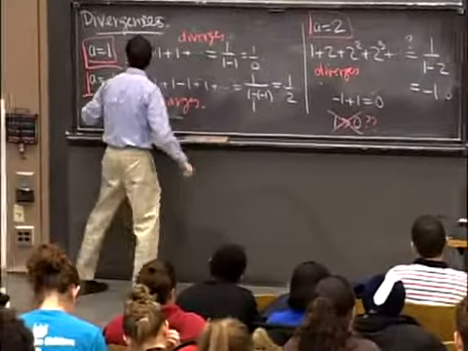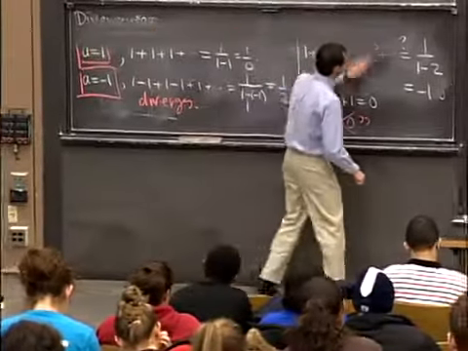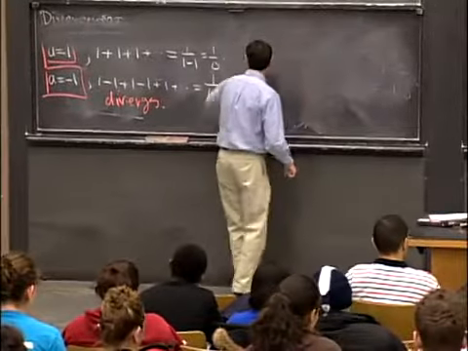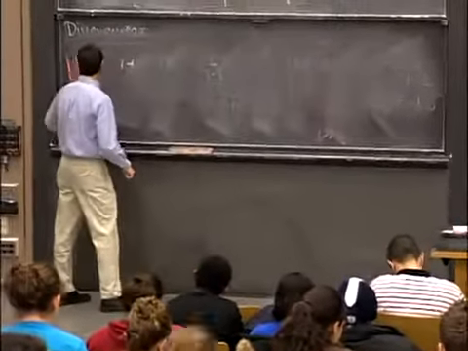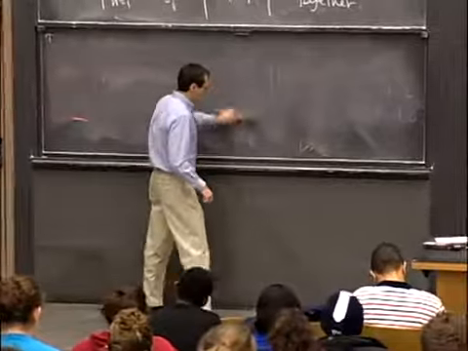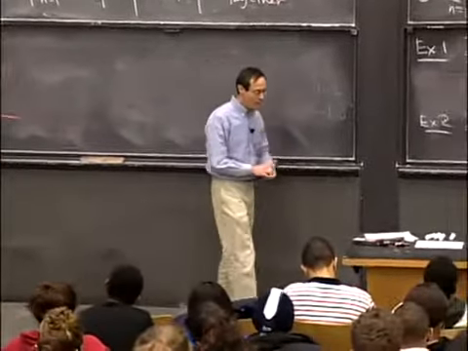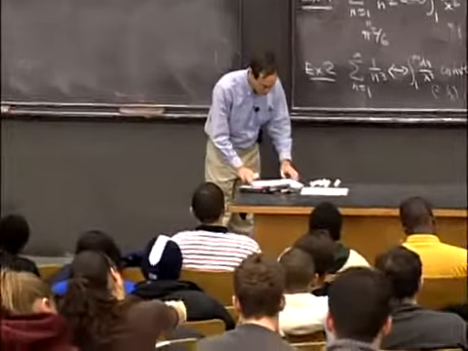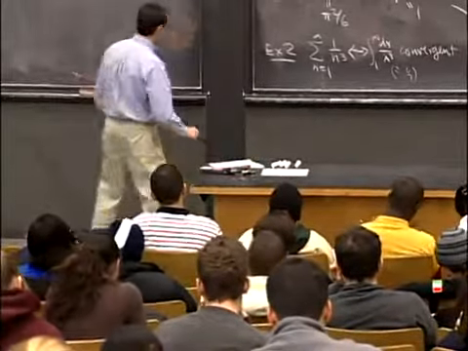And now I have one last bit on comparisons that I need to tell you about, and this is very much like what we did with integrals, which is a so-called limit comparison.